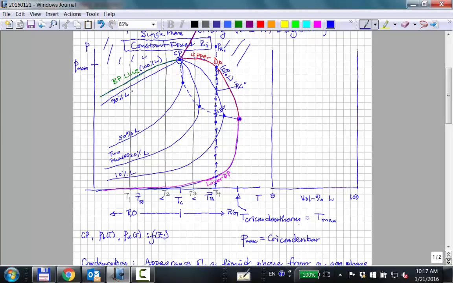So if we take temperature 1, that's got a bubble point over here, about right there. So this is the bubble point at temperature 1. I'll just call it PB1. And if we lower the pressure into the two-phase region, we'll hit 90% there, and then it'll hit 50%, and then down to 10% at sufficiently low pressures.